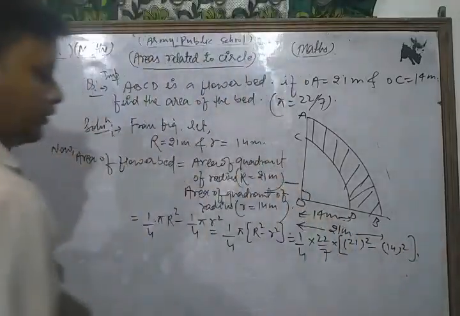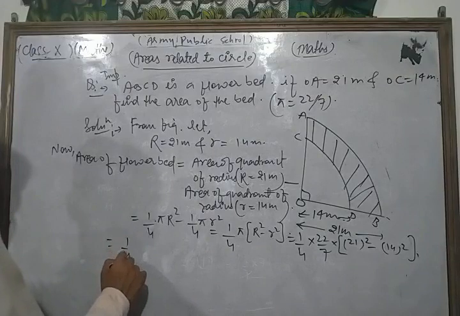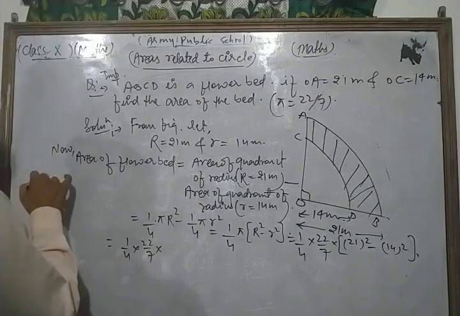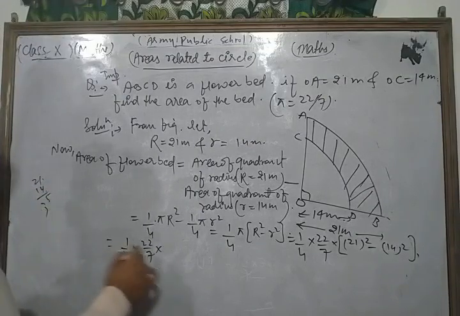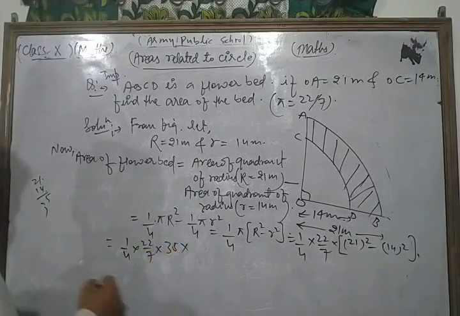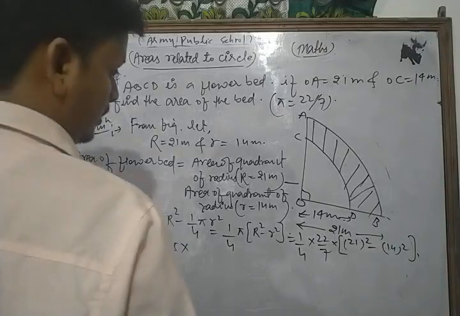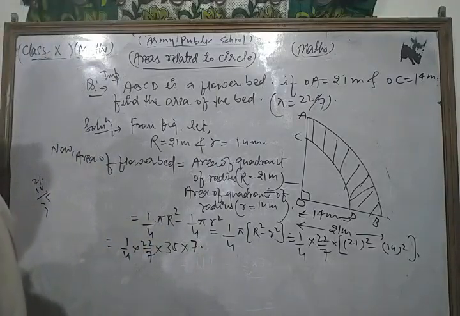This is the formula of (a plus b)(a minus b). So we write 1 upon 4 into 22 upon 7 into (a plus b), 21 plus 14, which is 35, into (a minus b), 21 minus 14, which is 7.